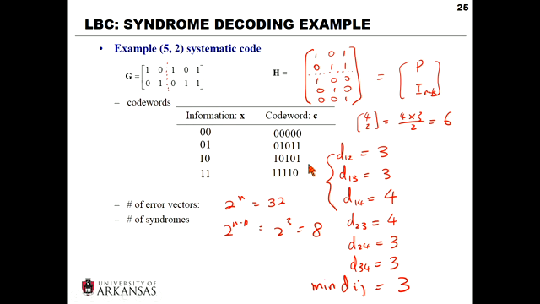Okay, and we can actually prove this because, geometrically speaking, we can represent each of them as a point, and the 0 code word, geometrically speaking, is equivalent to any other code word.